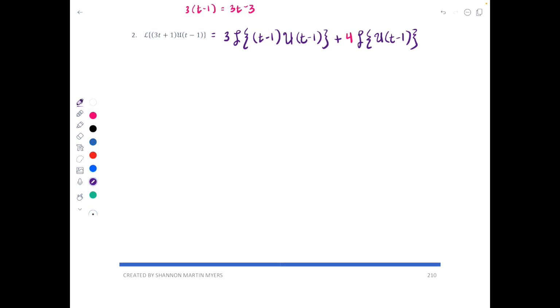This will be equal to 3 e to the negative s over s squared plus 4 e to the negative s over s. We're all good with our result here.